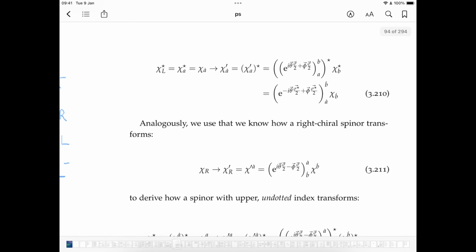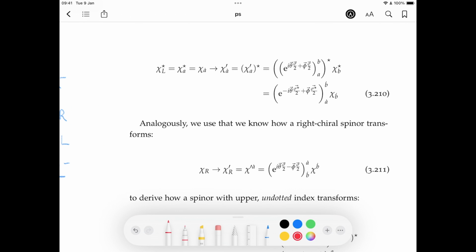dotted version will transform. So we just apply the complex conjugation, which is the same as putting a dot over the index. To transform it, we need to transform first the left chiral spinor, well, I'm still swapping the names, the left chiral spinor, and apply the complex conjugation to it. So we put the same transformation we had in the previous formula.